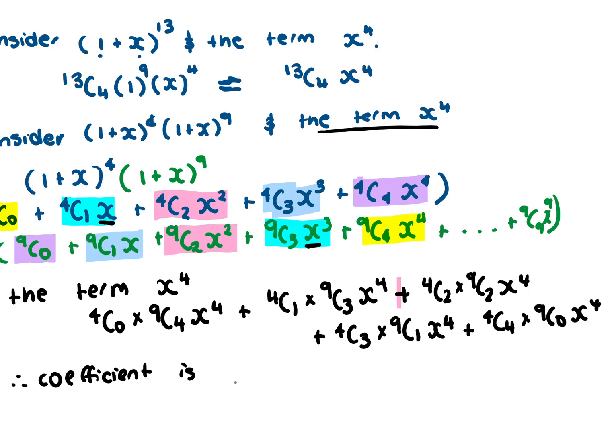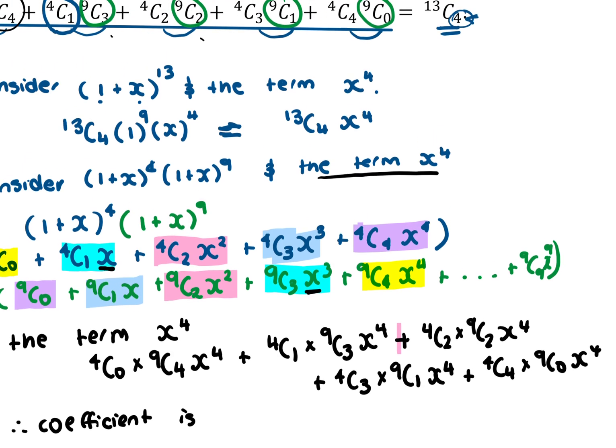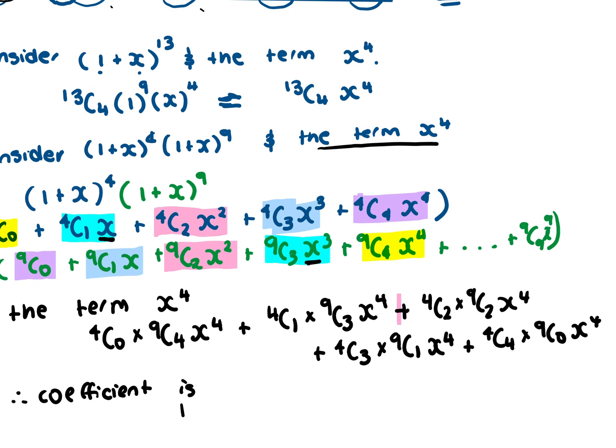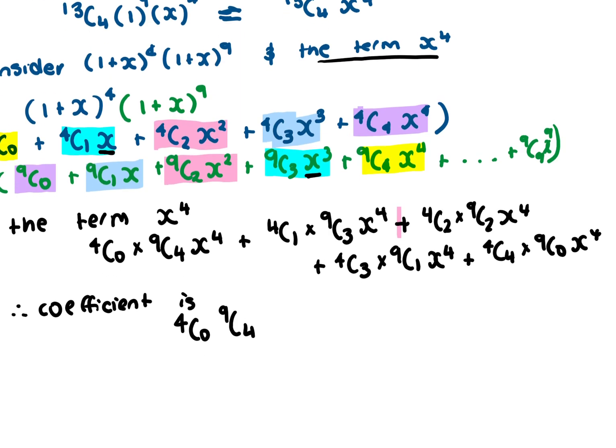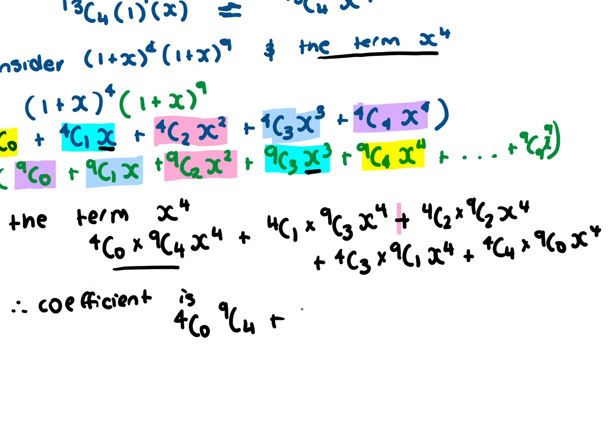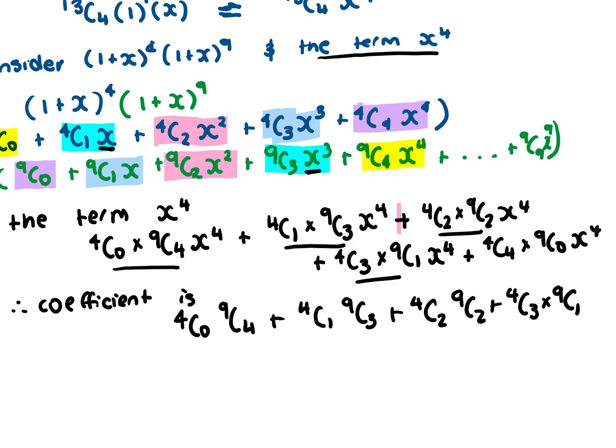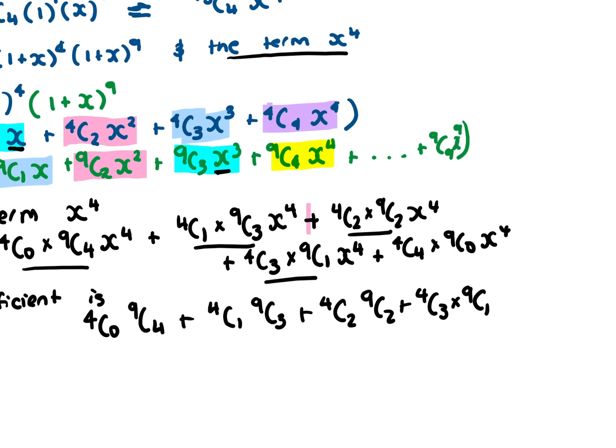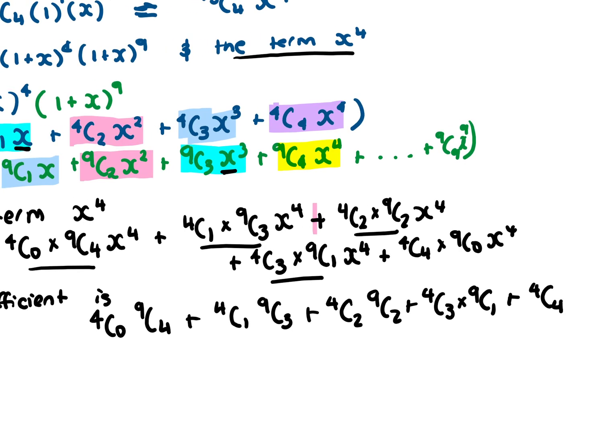So therefore, the coefficient is, let's go back and look at the question and make sure we've got the same format. 4C0 times 9C4, those plus those plus that plus that and that.